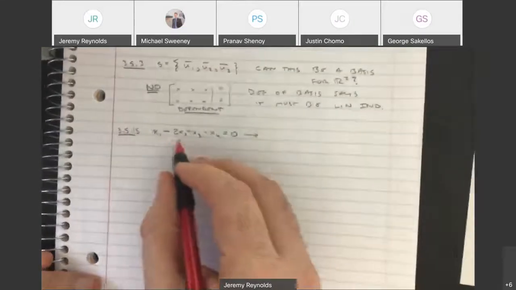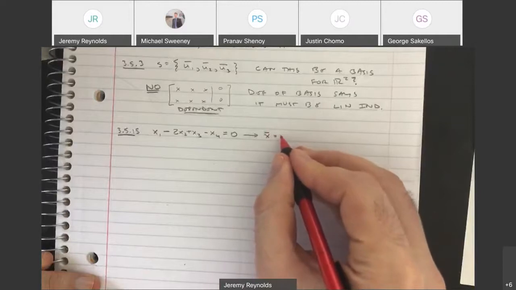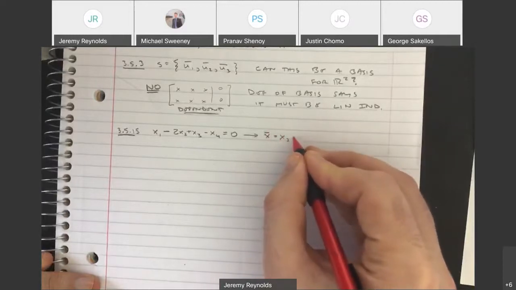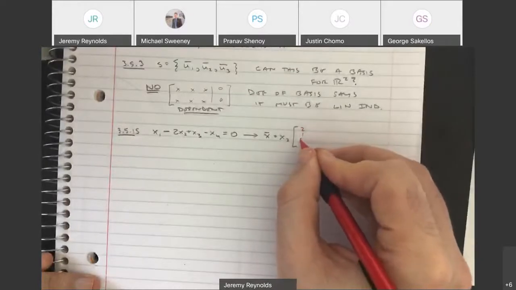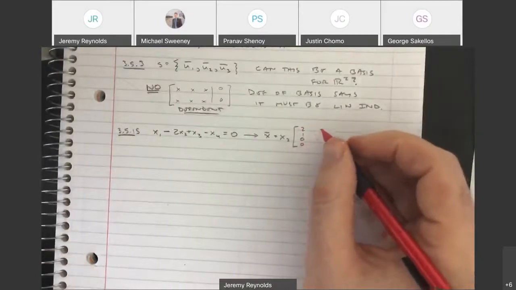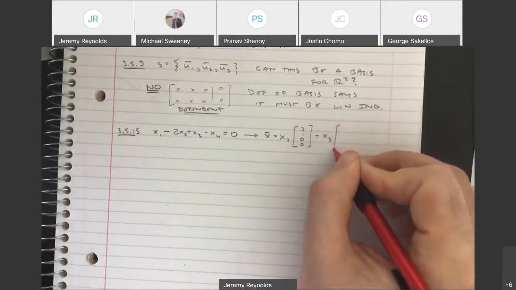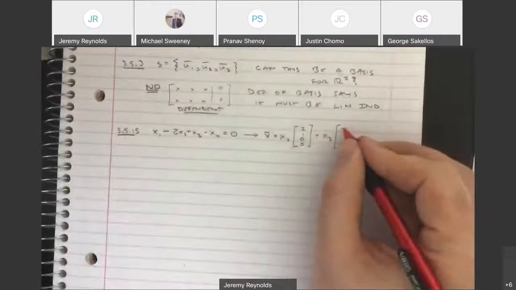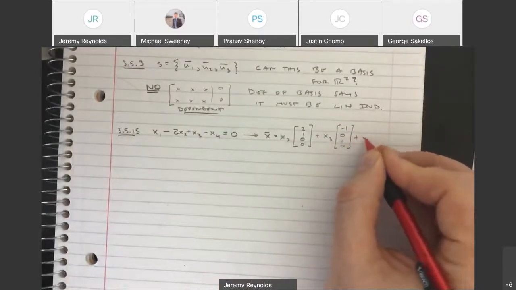This is the only equation we have, so we have to express the solution. We can write that as x2 times (2, 1, 0, 0) plus x3 times (-1, 0, 1, 0) plus x4 times (1, 0, 0, 1).